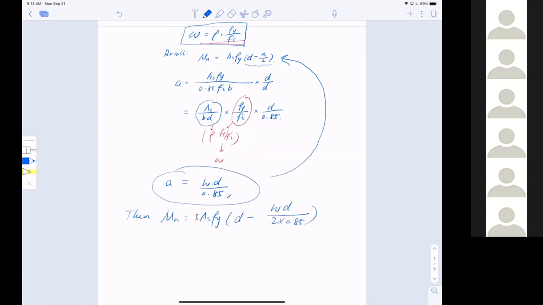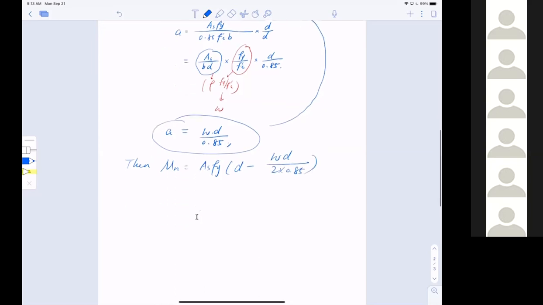This is half a essentially. Then carry on the calculation. So Mn equals AsFy D, bracket inside 1 minus 0.59 omega, and then multiply by F prime C.